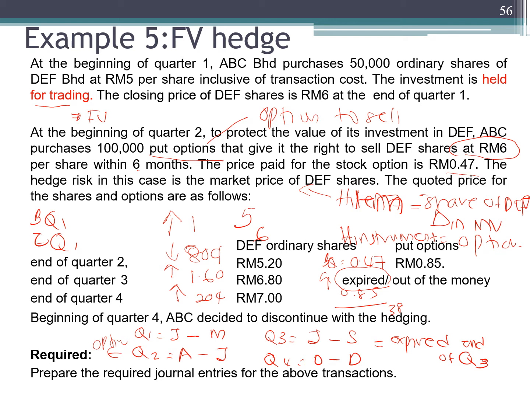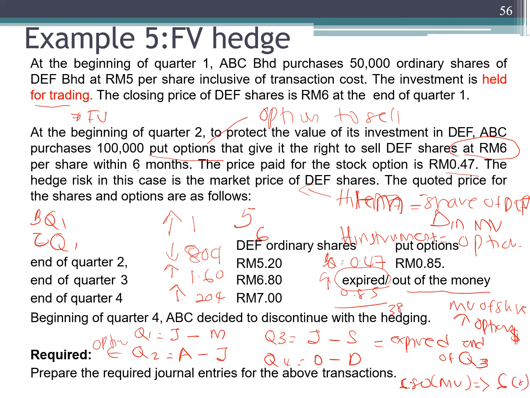Okay, and then you have another term that is used here, out of money. Out of money here means that the market value of shares is higher than the option price. In this case you have out of money here, because 6 ringgit and 80 cents is the market value, compared with the option price, which is only 6 ringgit.